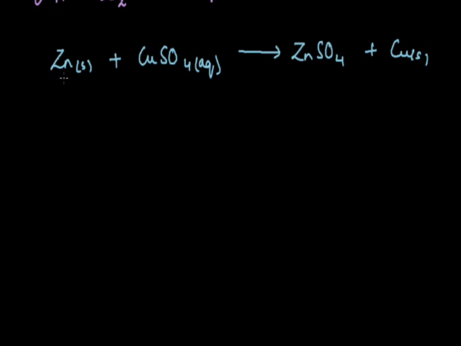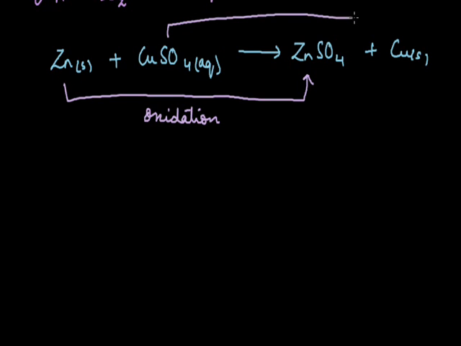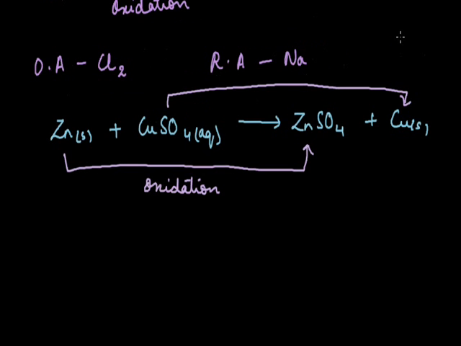Here Zn, that is zinc, is transformed into Zn2 plus. So here there is oxidation of zinc, and the copper 2 plus is reduced to copper. So there is the reduction reaction.